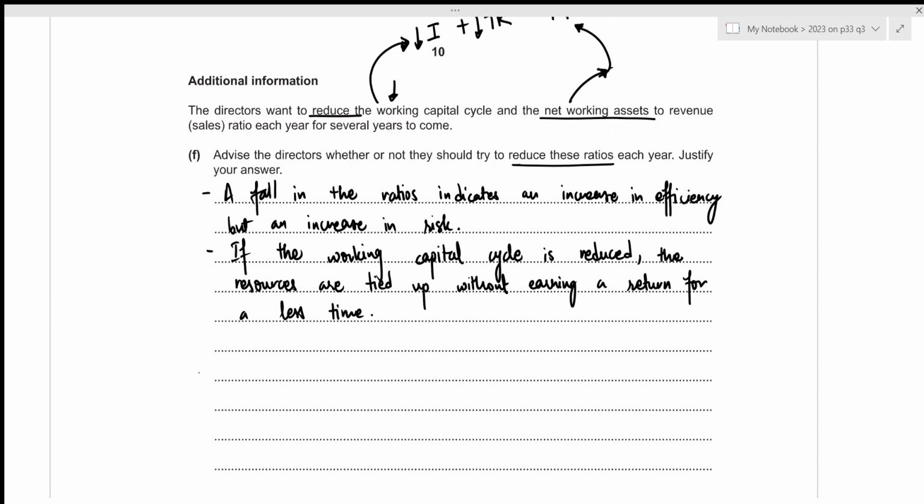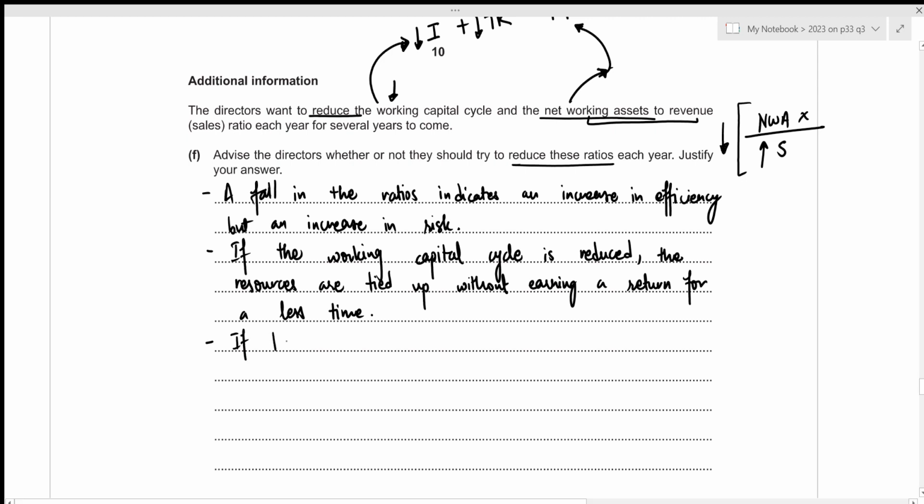And let's say the working capital cycle was not reduced, but if the same amount of working capital can generate more sales, then it just means that our net working assets to revenue ratio will now decrease, which is what we want, right? Because net working assets, if it's not changing and it can increase the sales revenue, then as a whole this ratio will decrease, right? So which means that our resources are being used more efficiently.